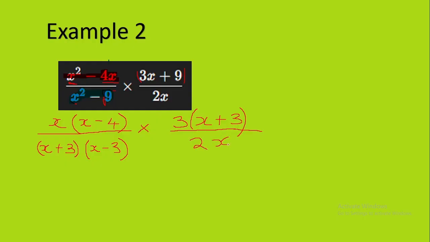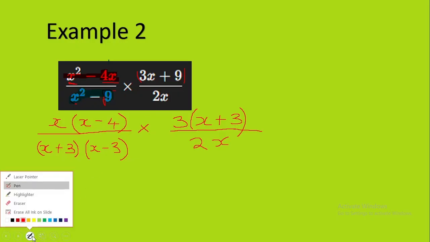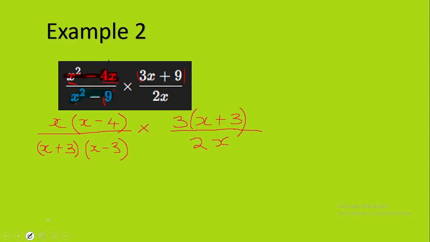Okay, so now that we have all terms in place, now we can do the fun part, which is just to simplify. Now, when simplifying, if you haven't caught on as yet, if you want to cancel anything from the bottom, it should be there at the top as well.